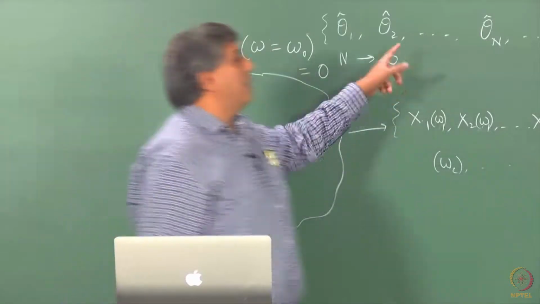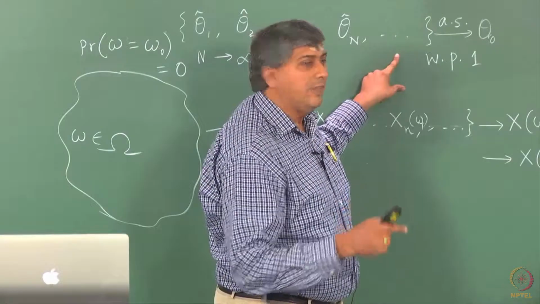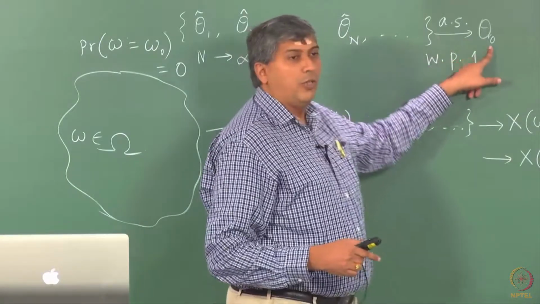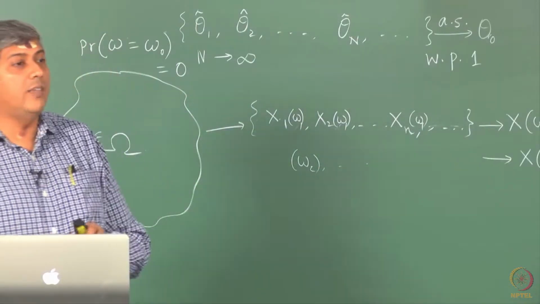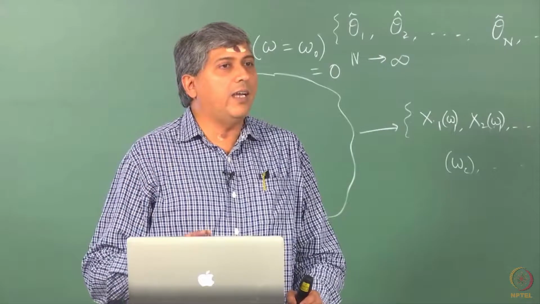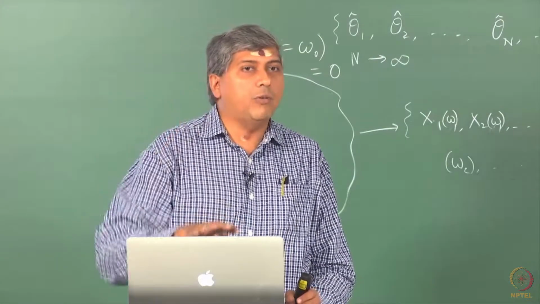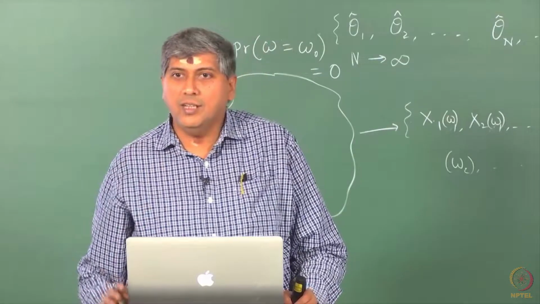So, when we say that a sequence of parameter estimates, or an estimator, produces parameter estimates such that it converges to the truth in an almost sure sense, then that is the strongest statement that you are making about the convergence. If this is guaranteed, then you can show that mean square convergence is guaranteed, which in turn guarantees convergence in probability.